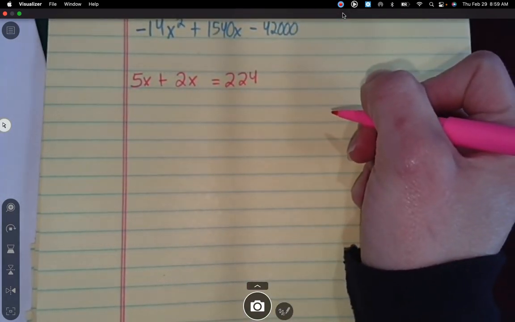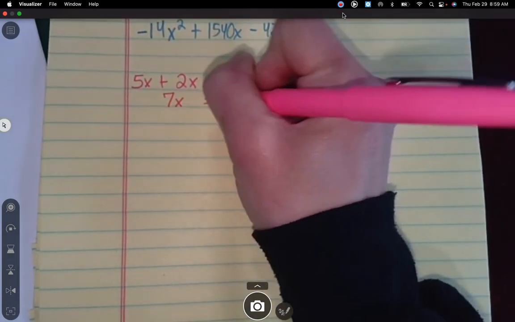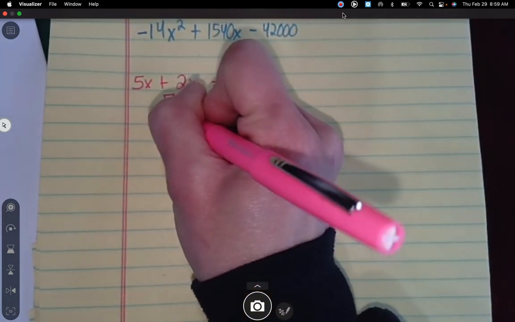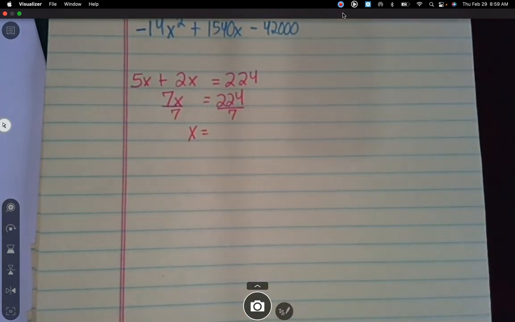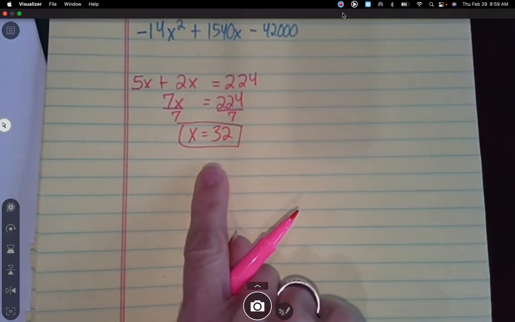224. When you add the 5X and the 2X, that represents 7X. Then you divide by 7. And what do we get for X? 32. Okay, that's not your answer. That's what we're representing for our bricks.